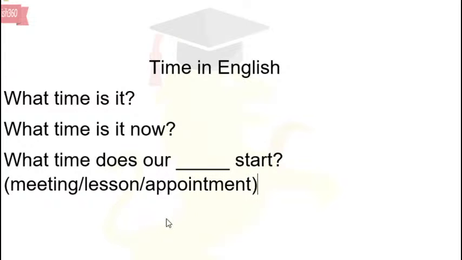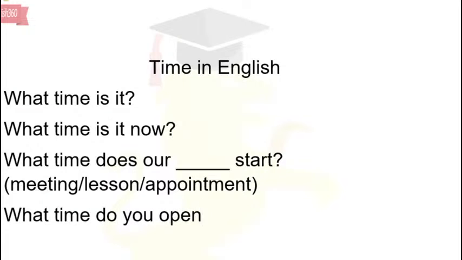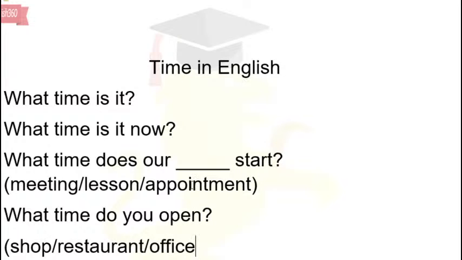Or what time do you open? So, for example, if it's a shop, or if it's a restaurant, if it's an office, you can say, what time do you open? In this case, it's a good sentence.